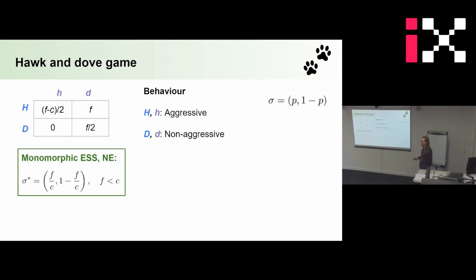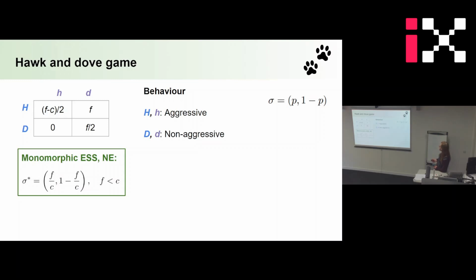Just be aggressive all the time, because it's a huge payoff of being aggressive. But if the injury is relatively harsh, you should maybe be aggressive only F over C of the times. Monomorphic just means that every animal is the same. This ESS is the evolutionary stable state, and the NE means that this is also a Nash equilibrium.